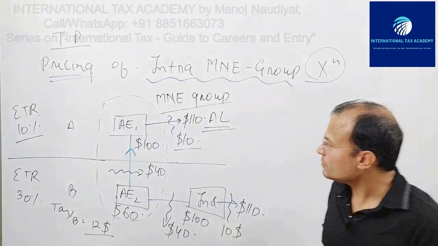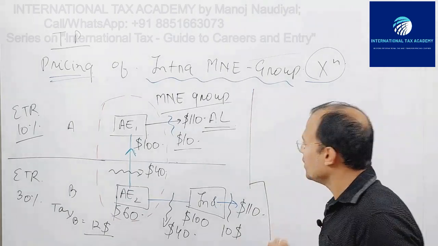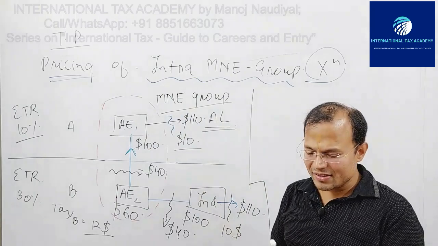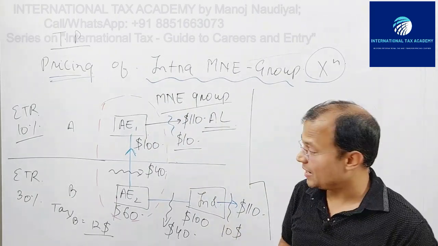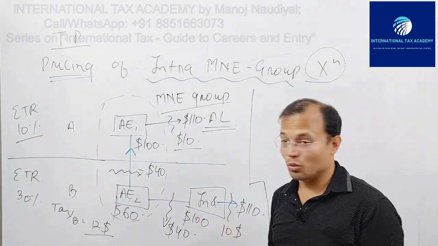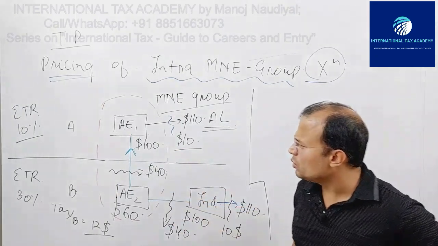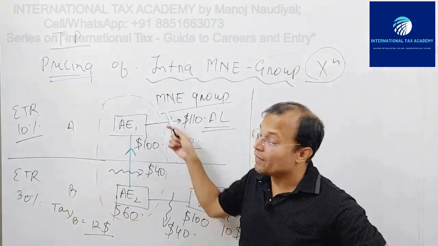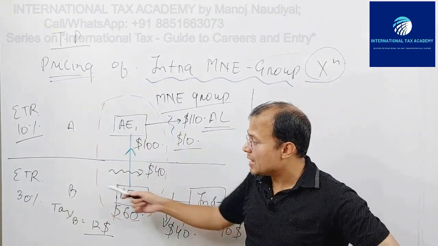Now, due to some clever scheming, AE1 is the parent, and AE1 controls AE2. AE1 says to AE2 that the amount of tax that our group is paying upon the profit in country B is huge.